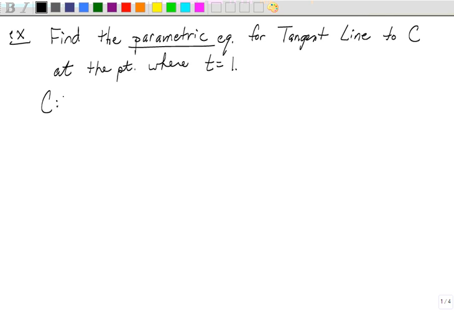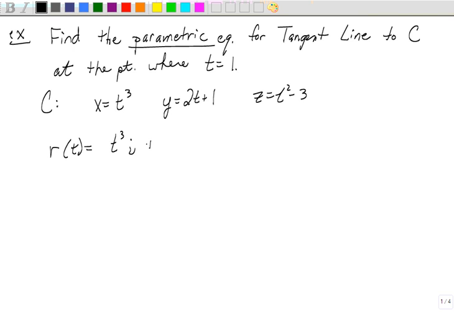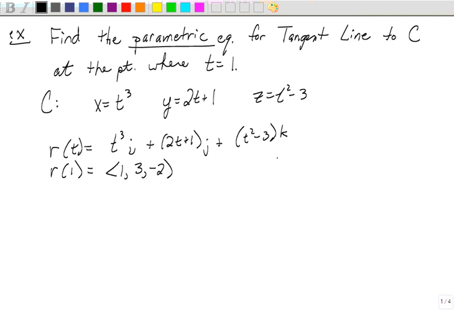Okay, so the curve C is represented by these parametric equations. So the point, if R is t cubed i plus 2t plus 1 j plus t squared minus 3 k, then R of 1 is 1, 3, negative 2.